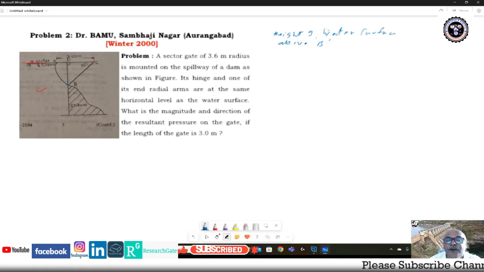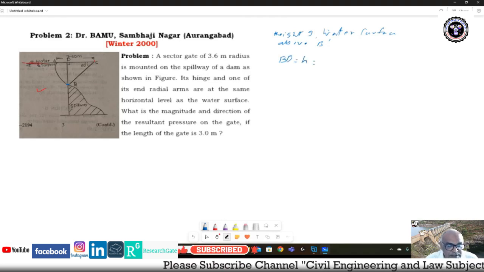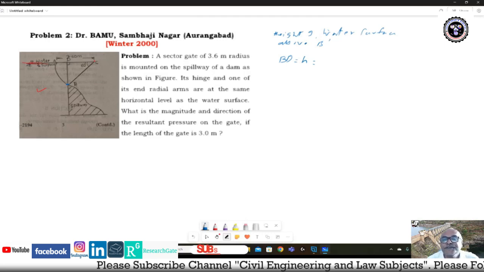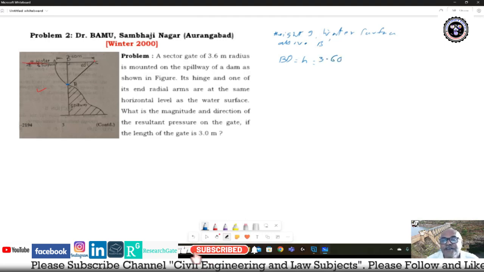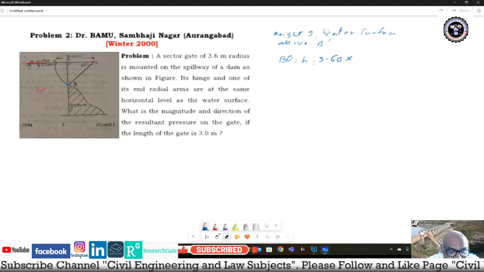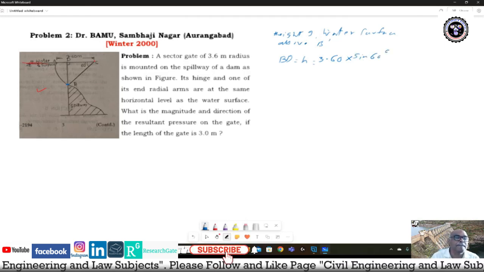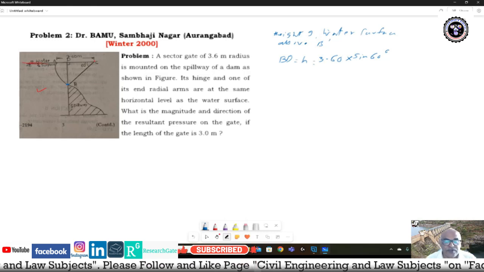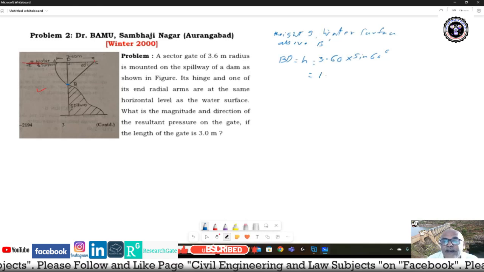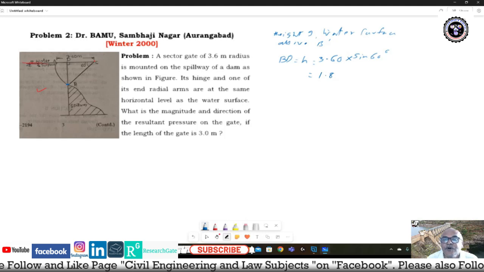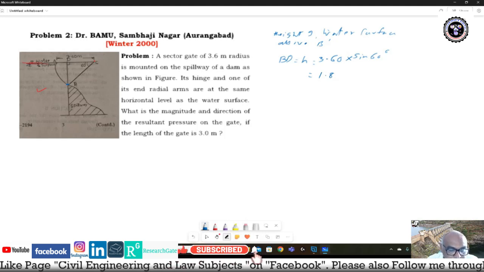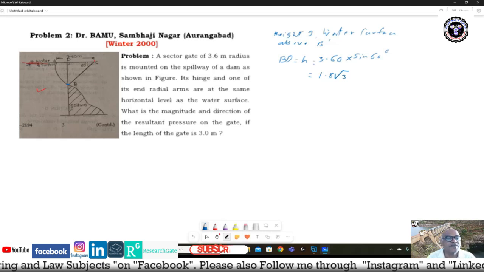First of all, we'll have to find out BD, that is equal to H. H is what? 3.60, the hypotenuse, into sine 60 degree, so you will get the height. So H is equal to 1.8 root 3.